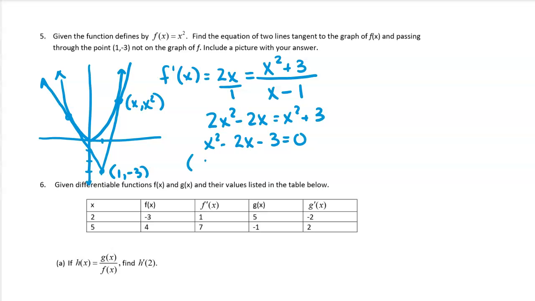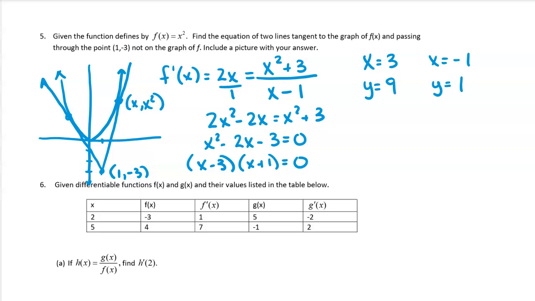This factors beautifully, x minus 3, x plus 1, which makes it so much easier than the one that was on the homework like this. And so our x's are 3 and negative 1. The corresponding y's, if you want to go that route, are 9 and 1. Some of you did point slope with the point that was given, and that's perfectly fine.